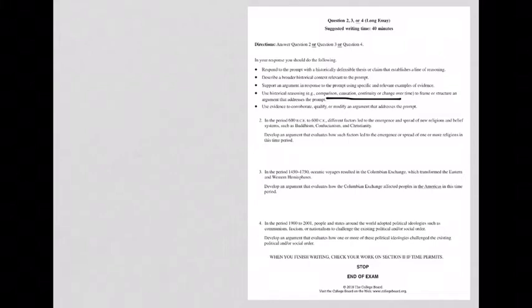Well, if you told yourself that one is actually a causation, then you're correct. That one's a cause. What happened to the people? Okay, it's evaluating how it affected the people. So what did the Columbian Exchange cause when it comes to the people?